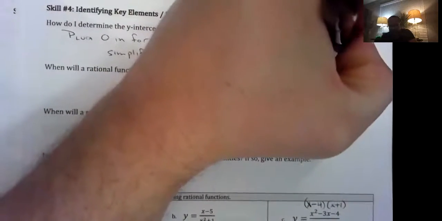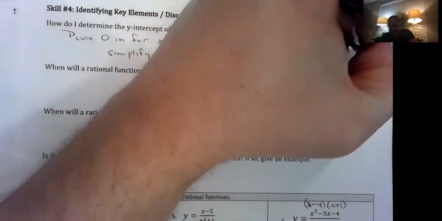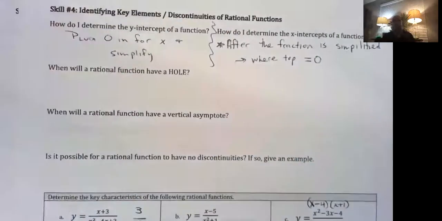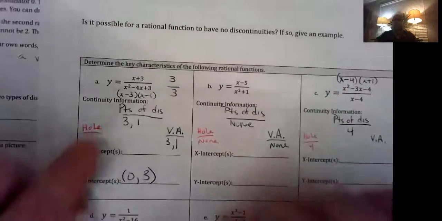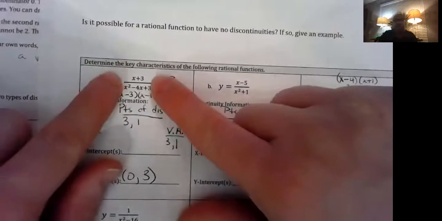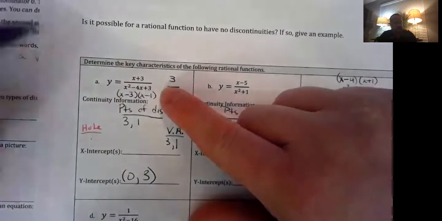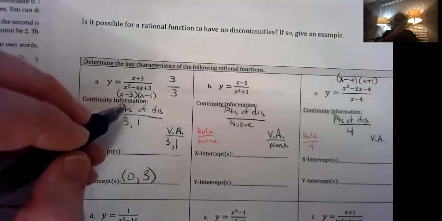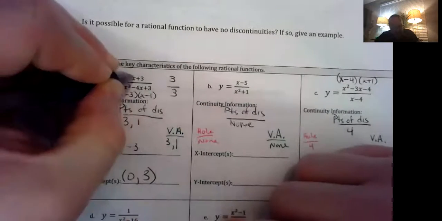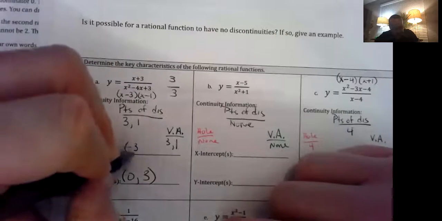After the fraction is simplified, it's where the top of the fraction is equal to 0. So again, right here for my x-intercept, there's nothing that cancels out. So it's just wherever the top is equal to 0.